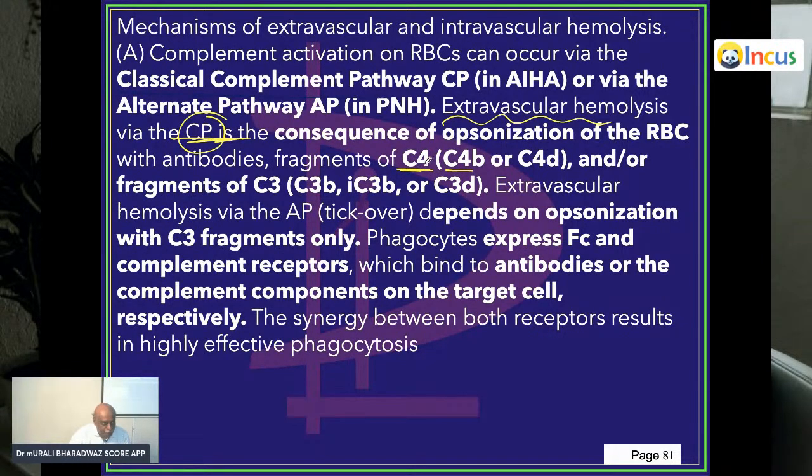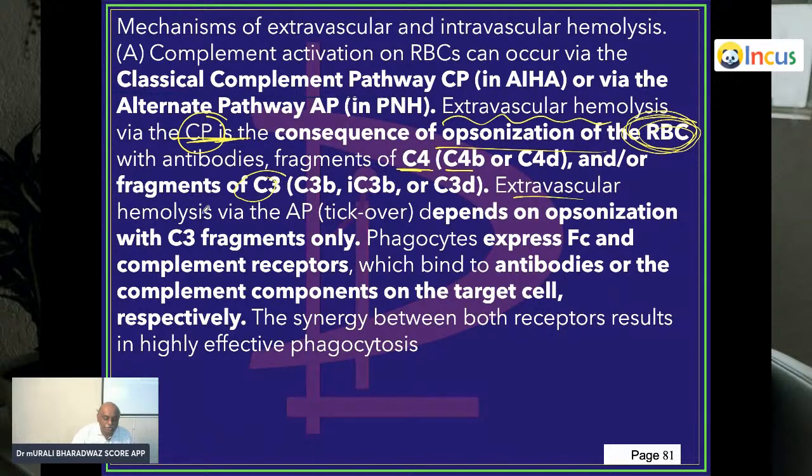Complement protein 4 leads to opsonization of the RBC. So C4 and C3 are part of the classical complement pathway that opsonize the RBC and break it down.